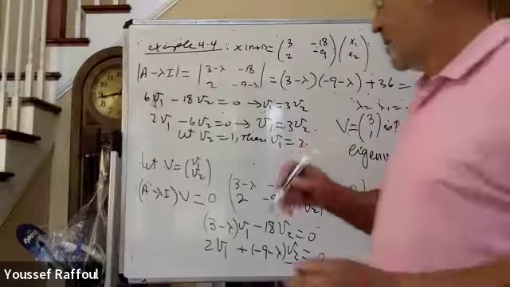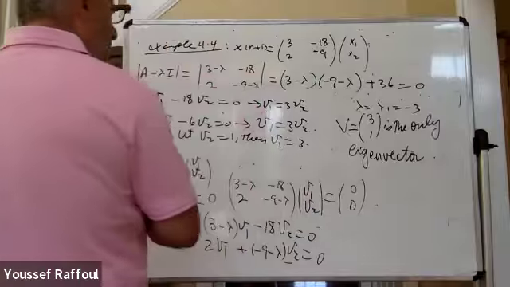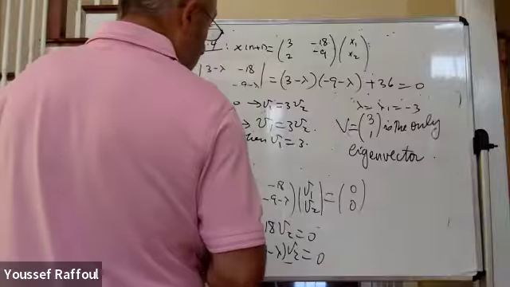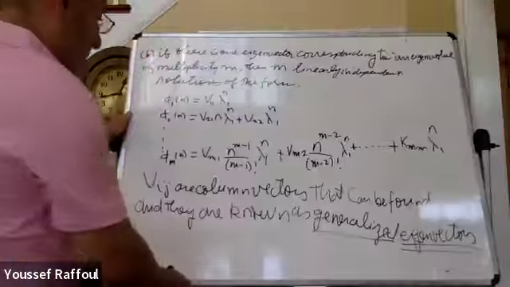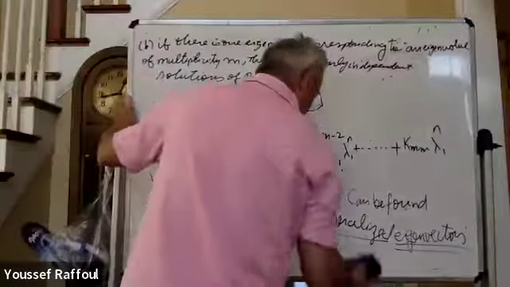All right. So we need to find the second eigenvector. So we know V is the 3, 1. Okay. So let's come here.